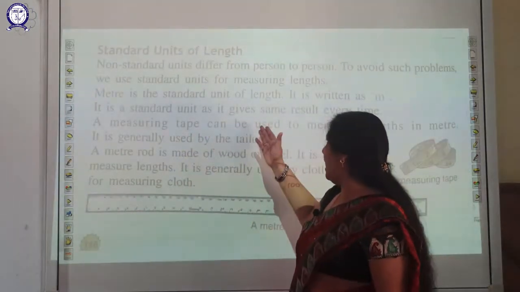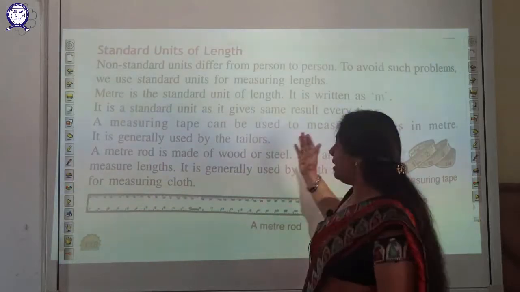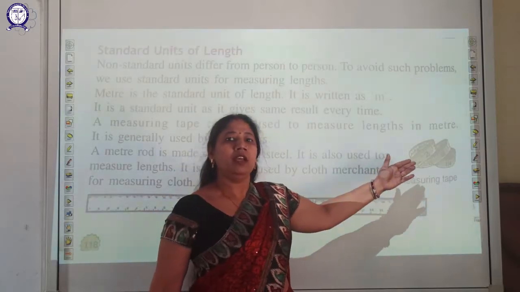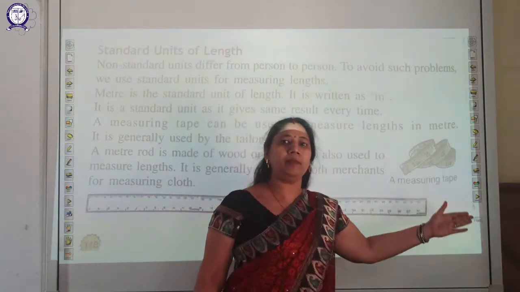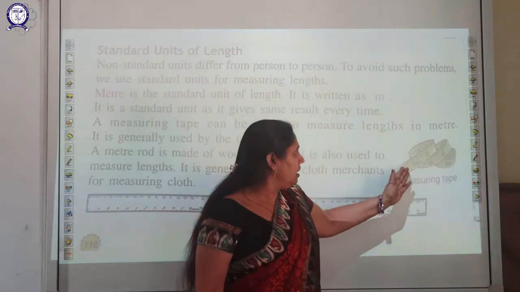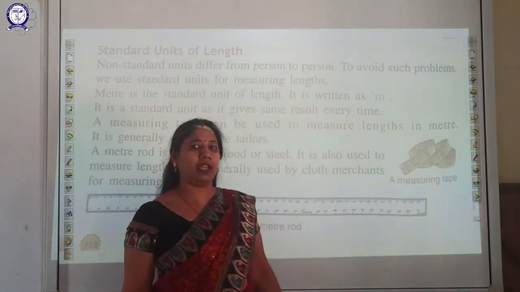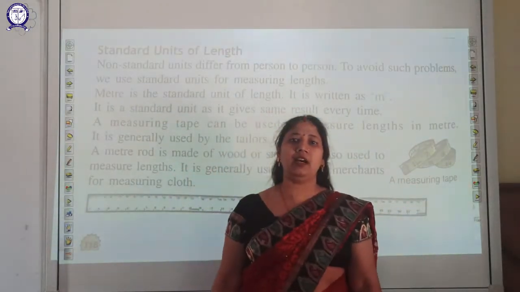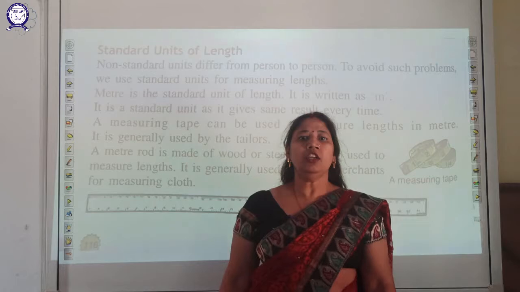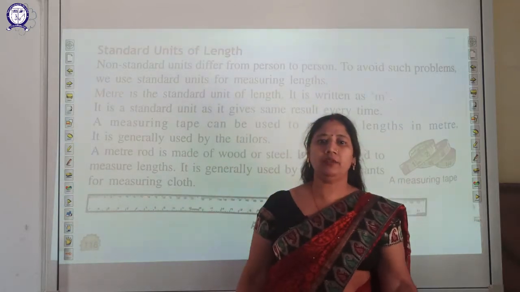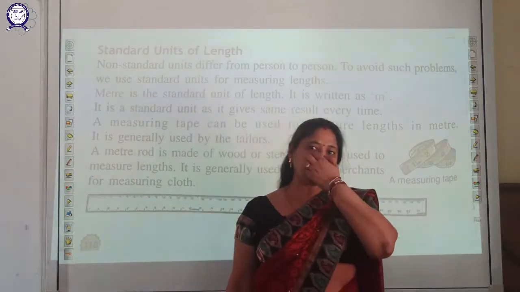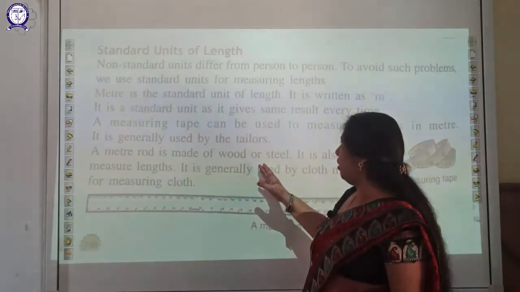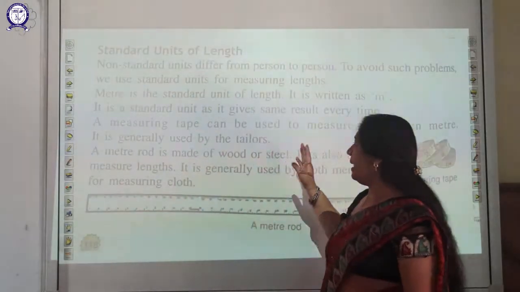A measuring tape can be used to measure length in meters. Look here, that is a measuring tape. All of you have a measuring tape in your house. You will find inches and centimeters on it. You can use it to measure your door's length, your dupatta's length, your scale, or your table's length, etc. A meter rod is generally used by tailors.